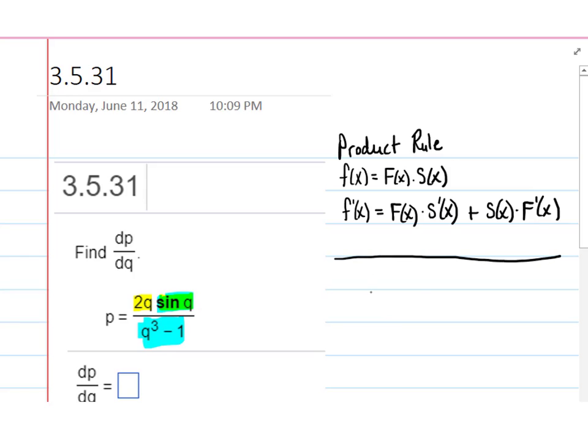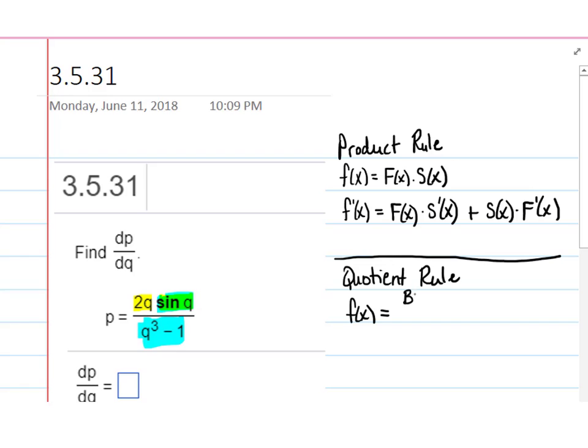And then we also have a quotient. So when we have a quotient, we have to use something called the quotient rule. And the quotient rule says when you have a function that involves division of two separate functions, something with an x divided by something with an x, or in this case, something with a q.